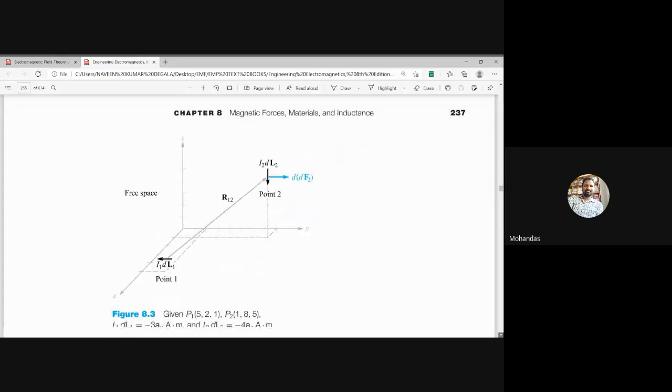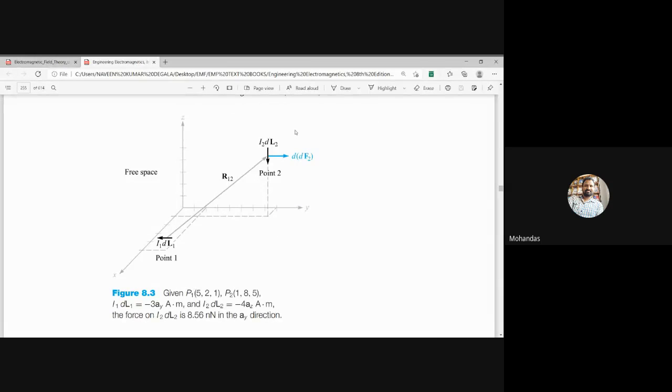Venu, is the PDF visible to everyone? Yeah. See, there are two differential current elements, I1 DL1. Okay, this is one differential current element which is located at point 1. Another differential current element is there, which is I2 DL2.